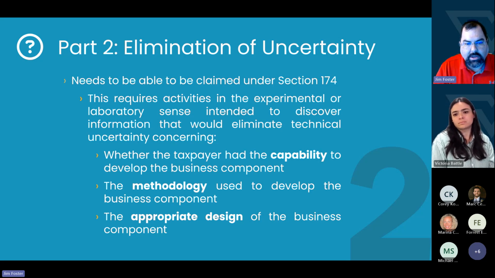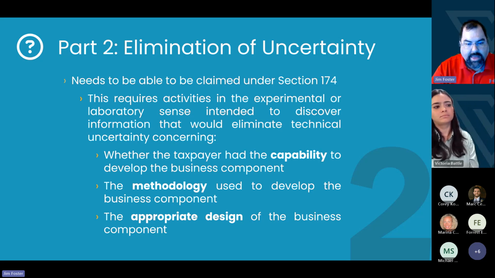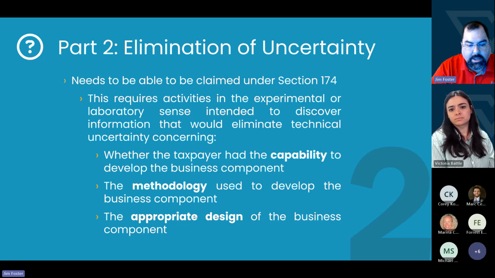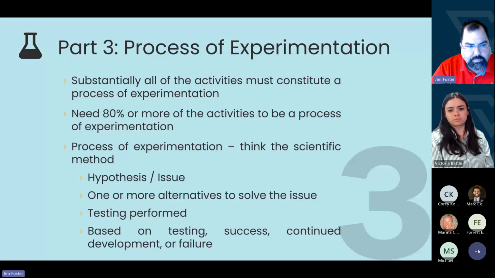Please note you only need one of the three here. You don't need all three. However, if you can identify more than one, that just strengthens the argument that the research activity qualifies.